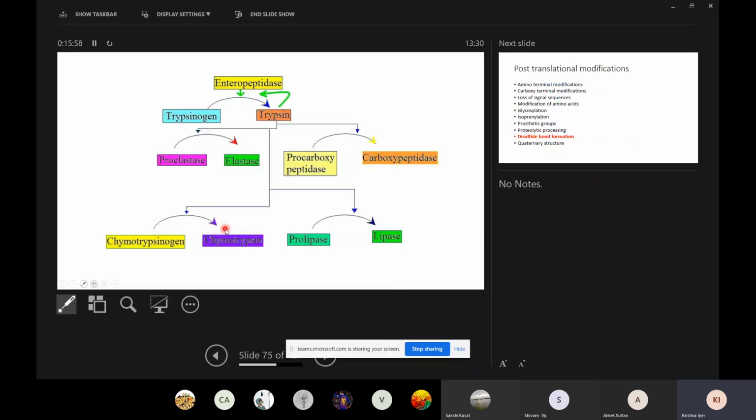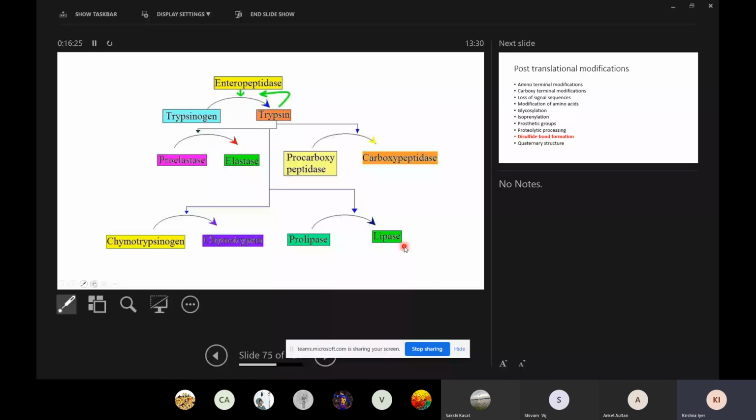Here is trypsinogen. There's an enteropeptidase which breaks trypsinogen to give you trypsin. What does trypsin do? It takes procarboxypeptidase, cuts it to give you carboxypeptidase. It takes proelastase, cuts it to give you elastase. It takes chymotrypsinogen and breaks it to give you chymotrypsin. It can also take prolipase and break it to lipase.